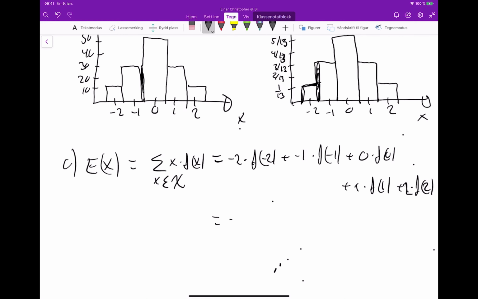And this gives minus 2 times 1/13 plus minus 1 times 3/13 plus 0 times 5/13.